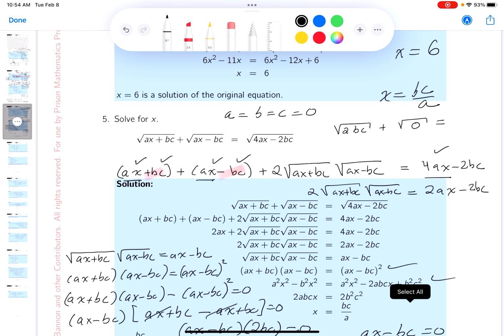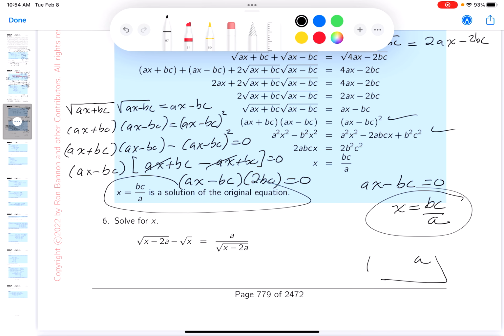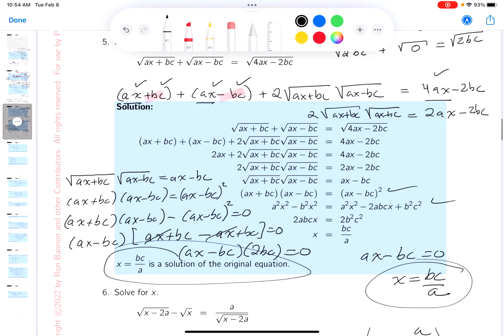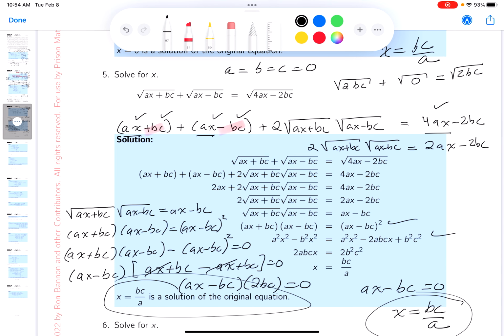Let's see, you would get 4bc minus 2bc, which is the root of 2bc. All right? It seemed to work out pretty nicely, by the way. This has certainly satisfied the original equation. So this is good. Okay, that was tough, though. I would say a problem plus. All right? Thank you.